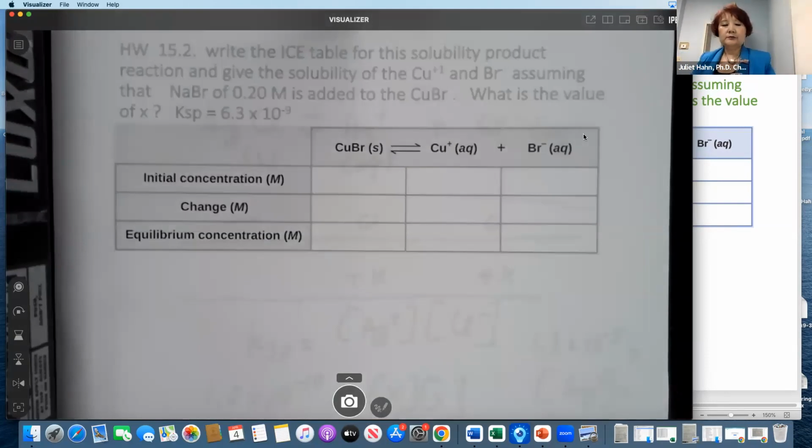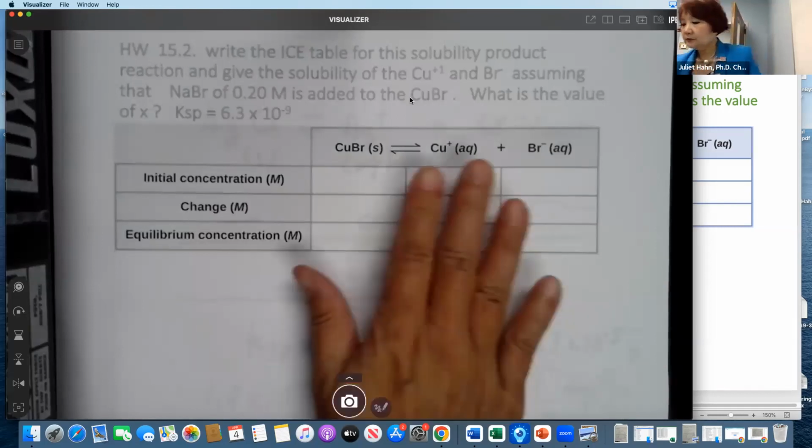You're to assume that you've added, just like the problem that we just had a minute ago, 0.20 molar of the sodium bromide to your copper bromide dissociation equation. The value of KSP is 6.3 times 10 to the negative 9th, and you're supposed to get the value of X, where X is what you put into your ice table.